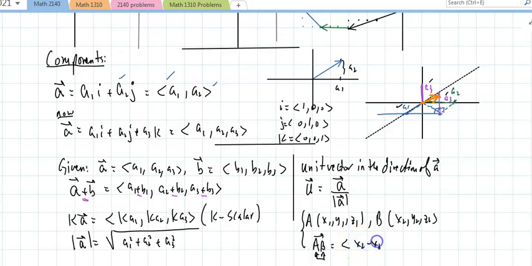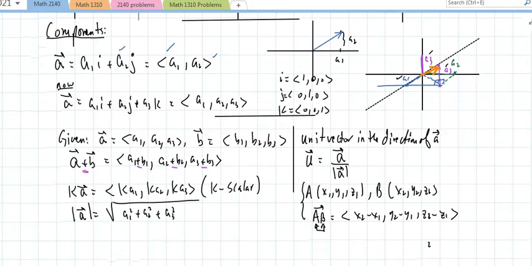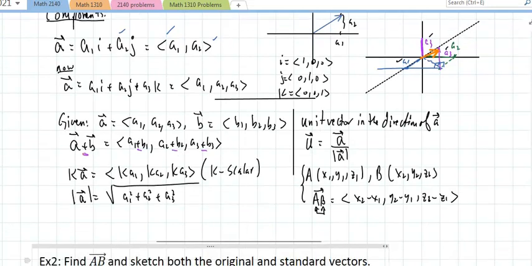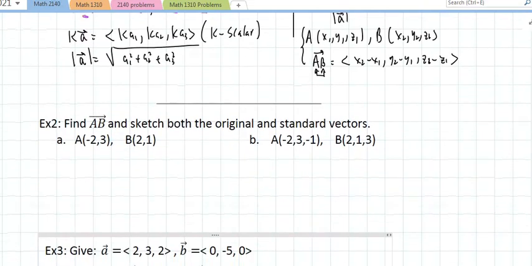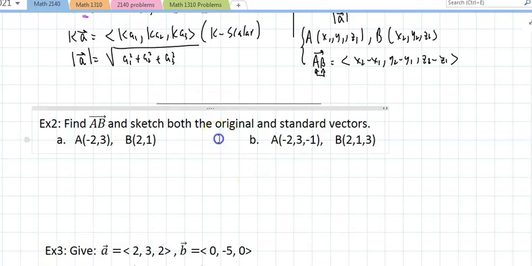It's x2 minus x1, y2 minus y1, and z2 minus z1. So all of these we did with 2 dimensions. Now I'm hoping to really pick that up to 3 dimensions. And let's do some examples. Find vector AB and sketch both the original and the standard vector. And we're going to do it for both 2 dimensions and 3 dimensions.